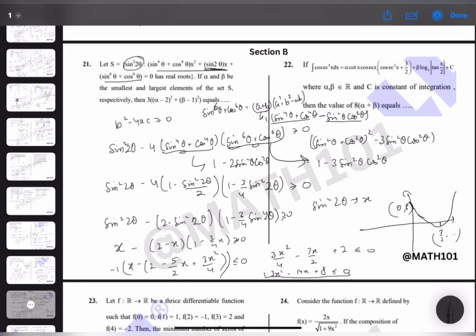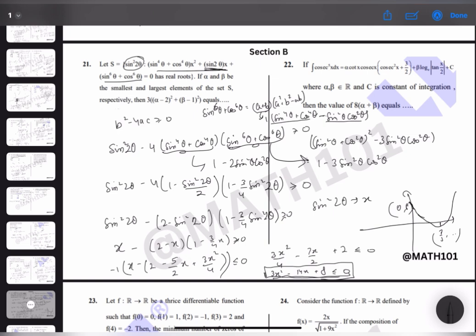We want this to be less than 0. So we have to find the maximum and minimum possible values of x such that this holds.